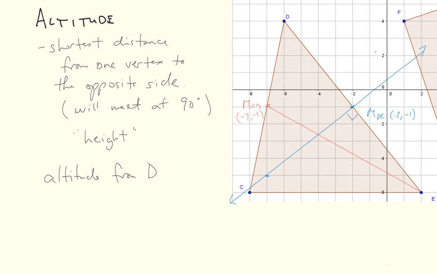And it will come from D, it will come down to the opposite side, and it will meet at a right angle. And so there we go. We have a triangle that has a median here. It has a perpendicular bisector here, and it has an altitude here.